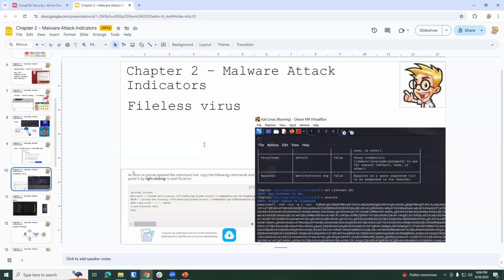Next one, fileless virus. Is it possible you could have malware on your computer without it coming from a file? I suppose so. Yes, it can. There's different ways that you can load things into memory, and you can create connections from computer to computer.